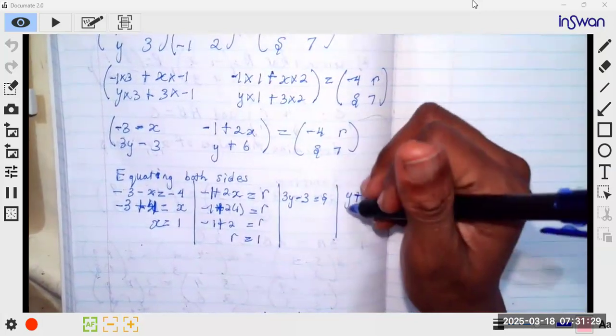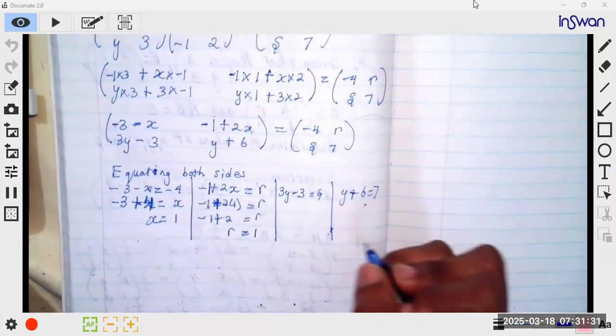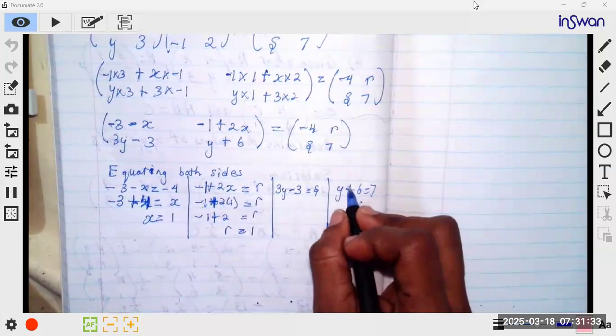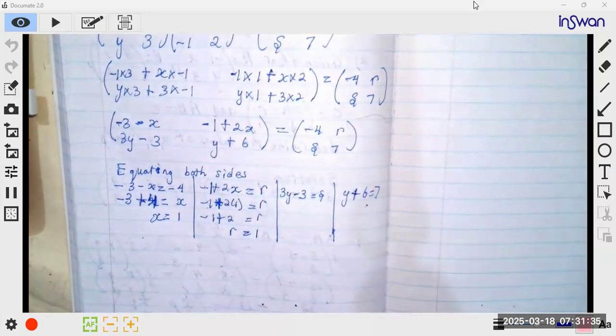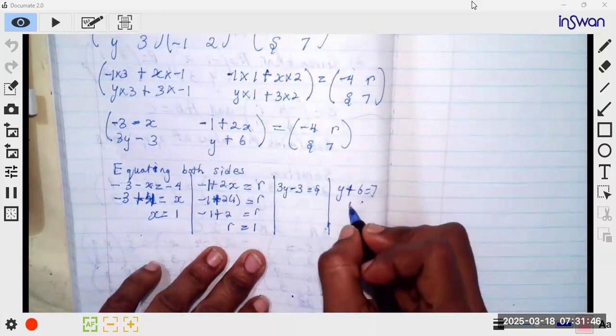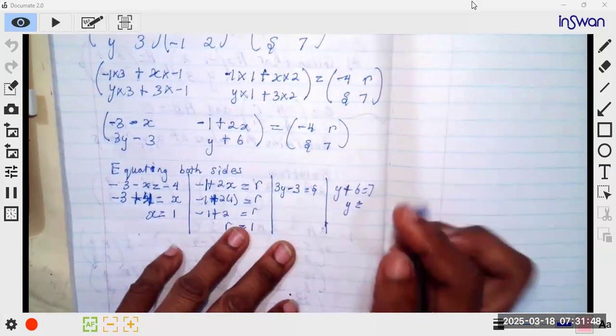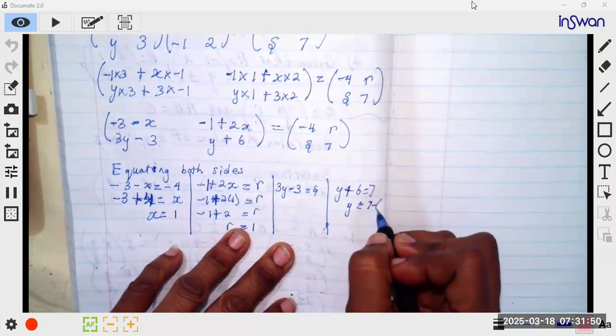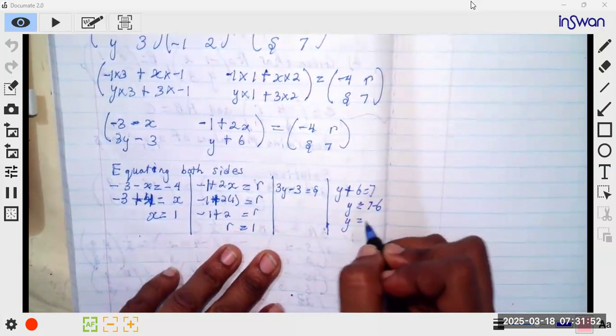All right, this side now, what do you do? Y plus 6 equal to 7. So y will be equal to 7 take away 6, and y is equal to 1.